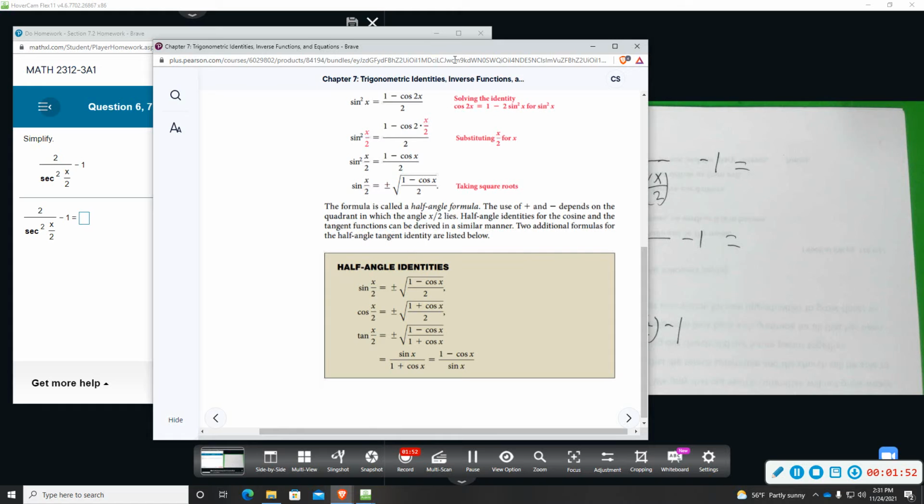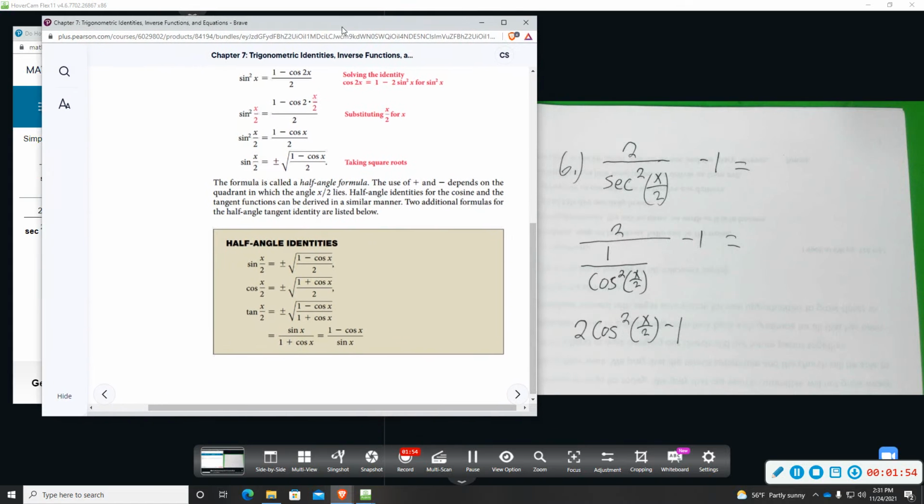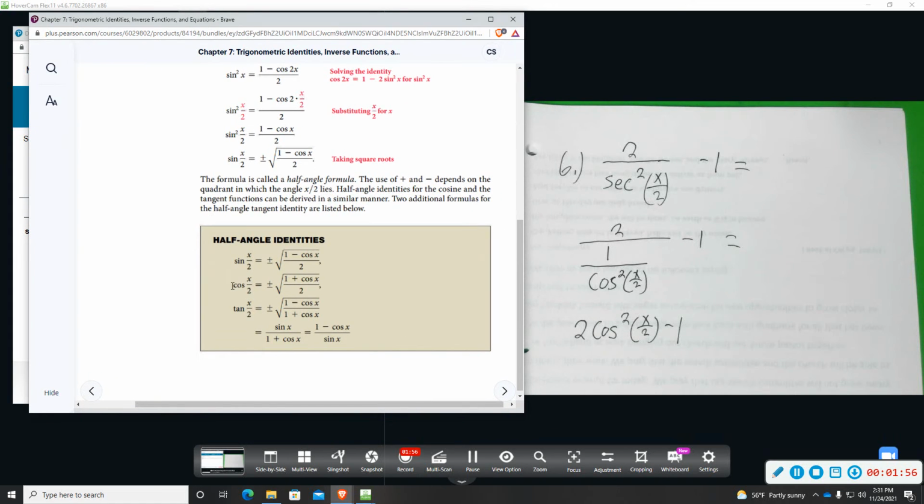So, half angle identity. It looks like they've taken this identity here and begun to rewrite it. So if they were to square both sides, that would give us the cosine squared part right here. And then we would have 1 plus cosine x divided by 2. Well, then if we multiply by 2, move that 2 over, we get 2 cosine squared of this, which is what we have.